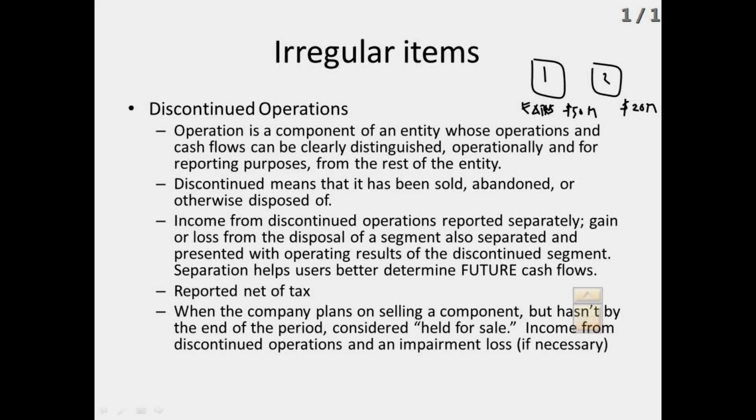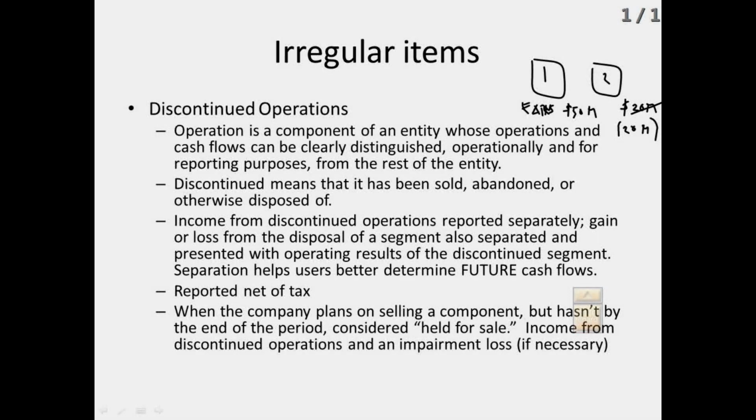But if I'm trying to tell my investors what they can expect down the road, that $20 million shouldn't be included. Why would I be spinning it off? Maybe I'm going to make more from it by selling it than I was making by myself. On the other hand, I could be losing money in this segment, say a $20 million loss. That, too, shouldn't be draining down my financial statement.